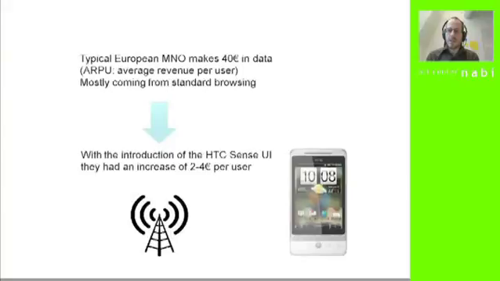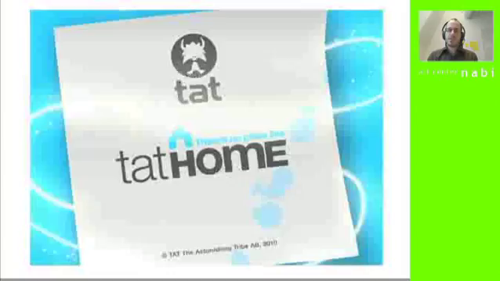And they noticed that when they had a good UI, a user interface, the Sense UI from HTC, that actually increased the revenue per user by 2 to 4 euros per user. So the user interface is really crucial when it comes to encouraging users to use new services or to navigate the web more often or download content. So this is essential to the mobile network operators.